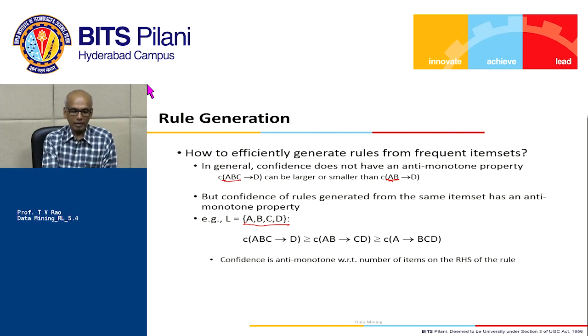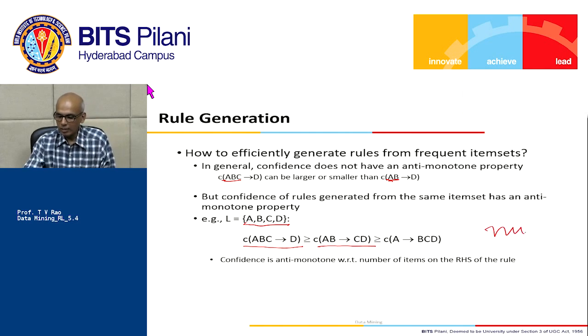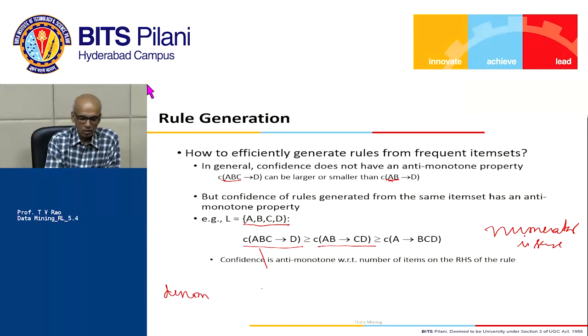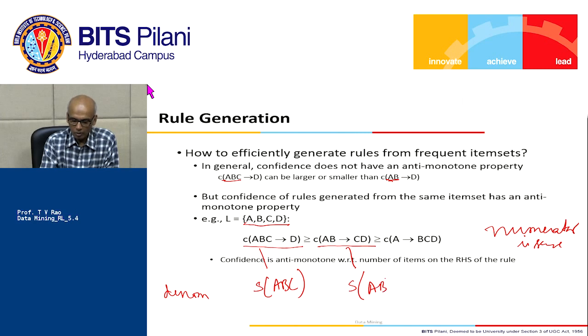But if we generate rules which have all these terms A, B, C, D, then the confidence for ABC implies D will be greater than the confidence for AB implies CD, for the simple reason that the numerator is the same, and the denominator in this case is support for ABC, in this case support for AB, in this case support for A.